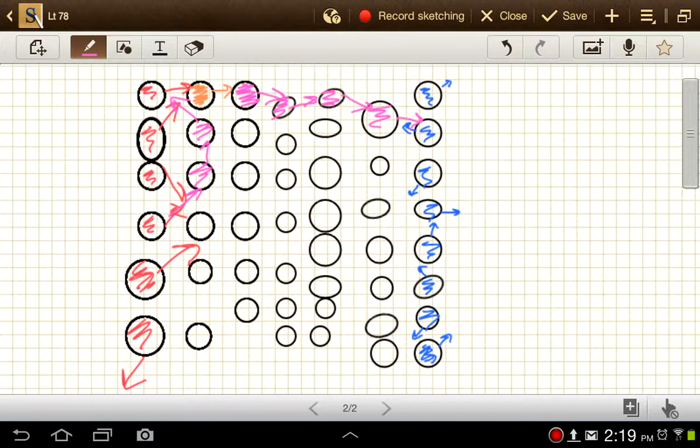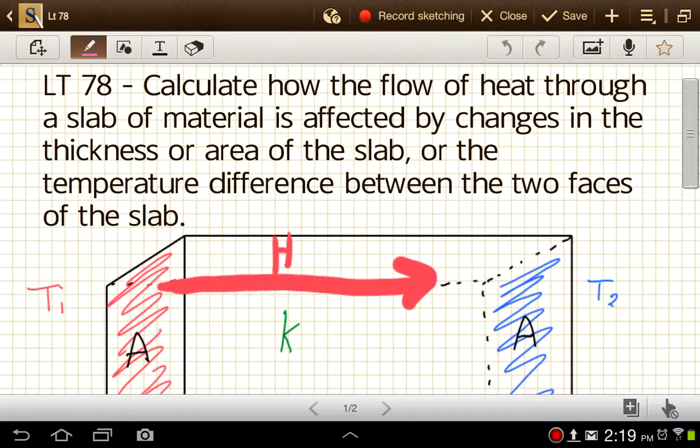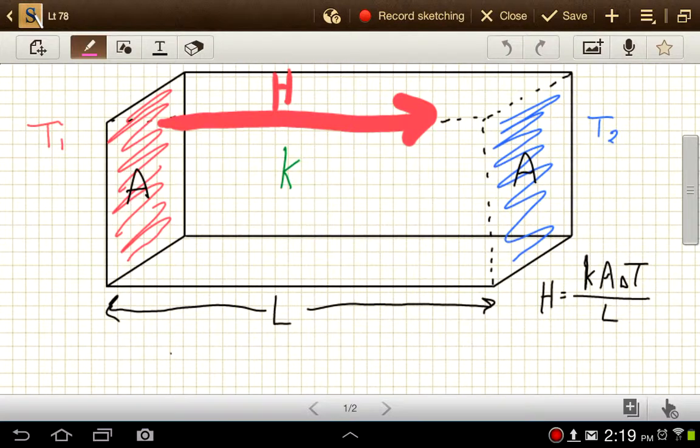So if we combine all these, we can get an equation and a representation of how heat flows. I'm picturing this as just a slab of some material, say some rectangular prism of metal or whatever it is, and then that material has some cross-sectional area A. We've got a warmer side and a colder side with temperature 1 and temperature 2 here.